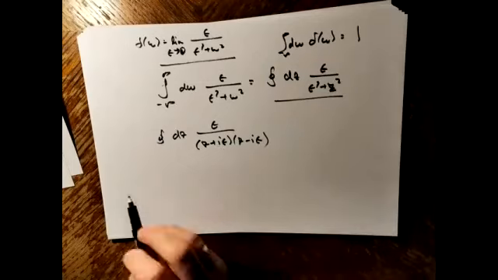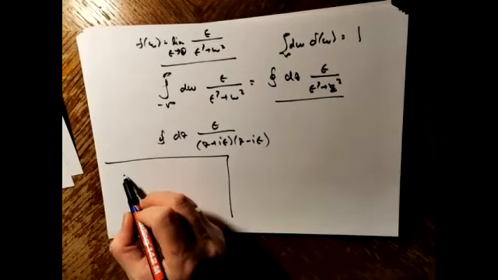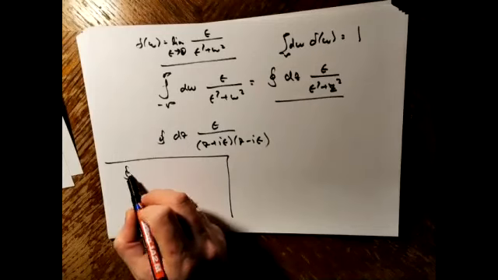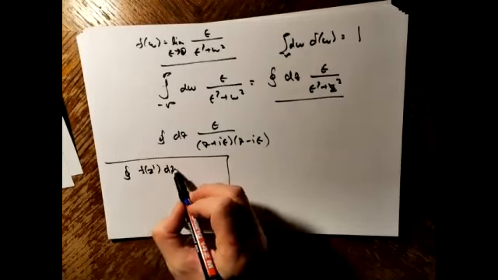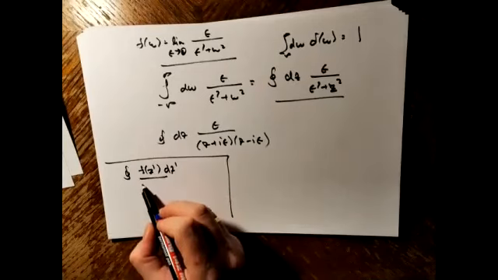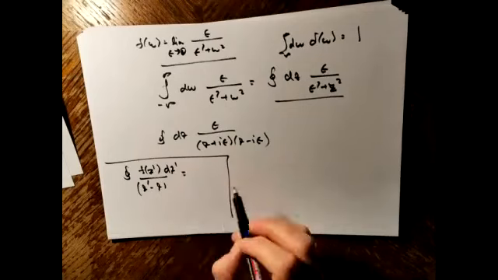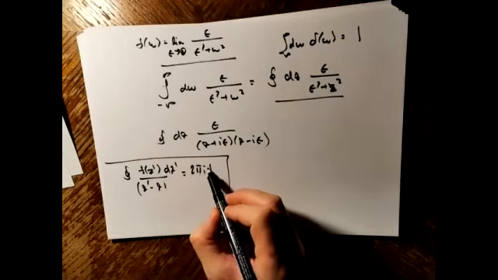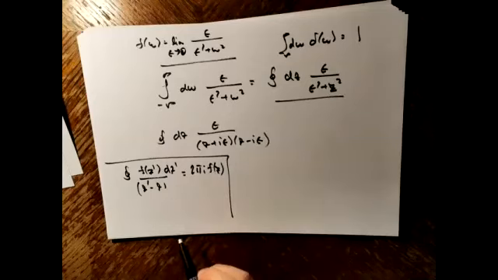First of all, what is the residue theorem? Let us recall that the residue theorem is the following: the integral of f of z prime dz prime divided by (z prime minus z) is equal to 2 pi i f of z. That is the residue theorem.